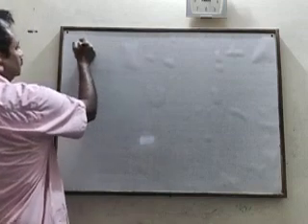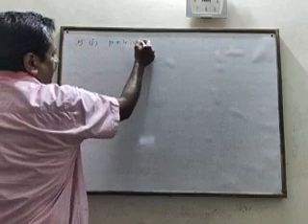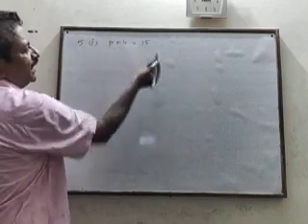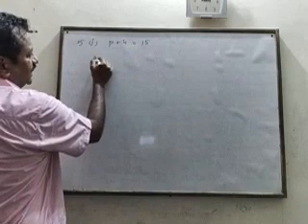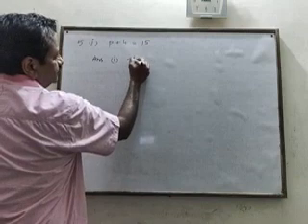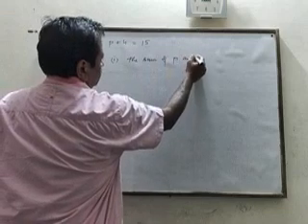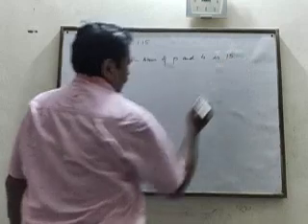Like the first part of question number 5: p plus 4 is equal to 15. So you can write the sum of p and 4 is 15. The answer can be given like this also: the sum of p and 4 is 15.